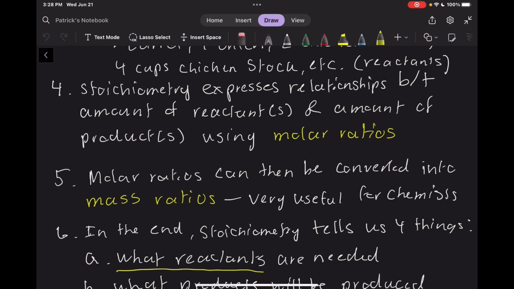This means that the ratio between the number of pizzas and the number of slices is 1 to 8, which can either be written as the fraction 1 over 8 or as 1:8. Now, if 1 pizza can be sliced into 8 slices, 3 pizzas can be sliced into 3 times 8 equals 24 slices. All we had to do was multiply 1 over 8 by 3 over 3 to get an equivalent ratio for 3 pizzas.